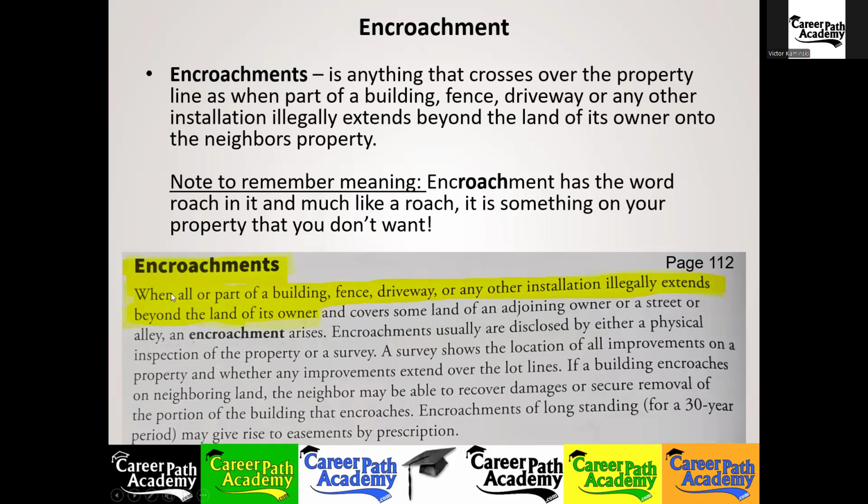So let's highlight encroachments on page 112. This may look like an old screenshot, even though it's the right sentence there.